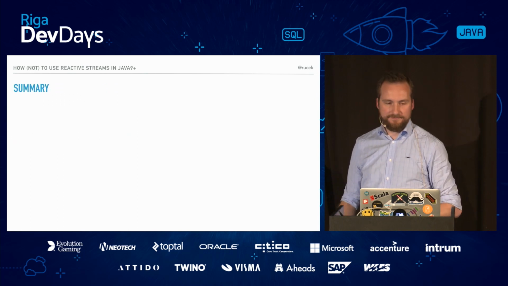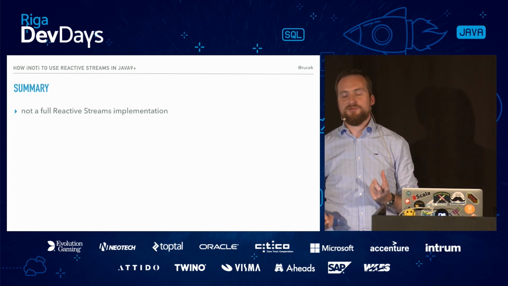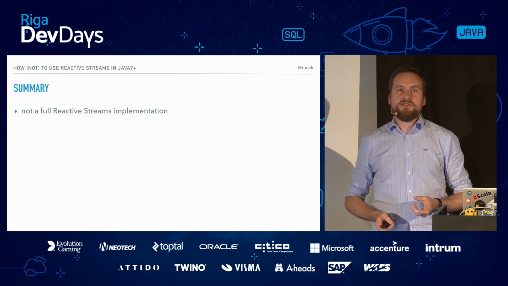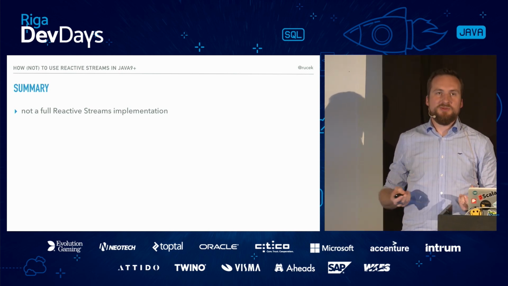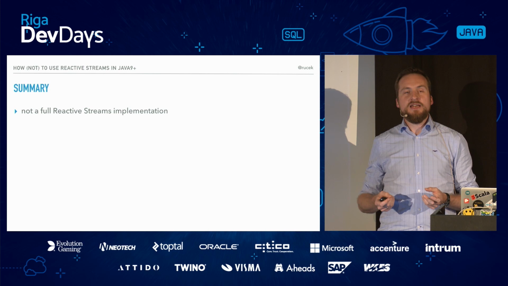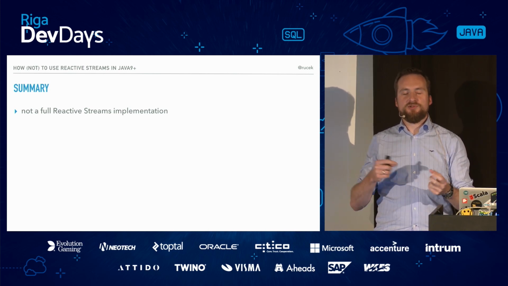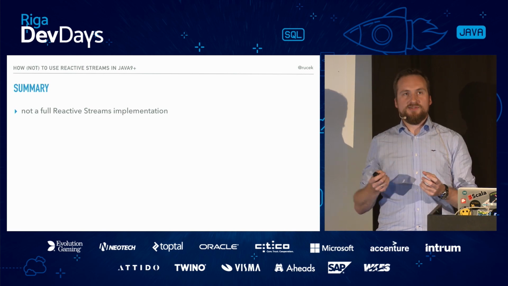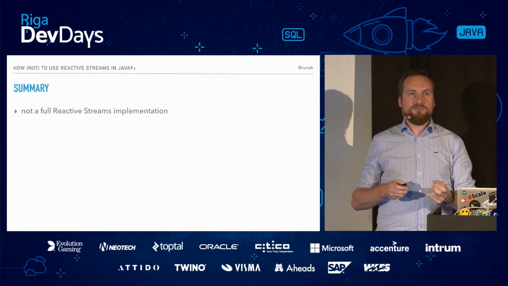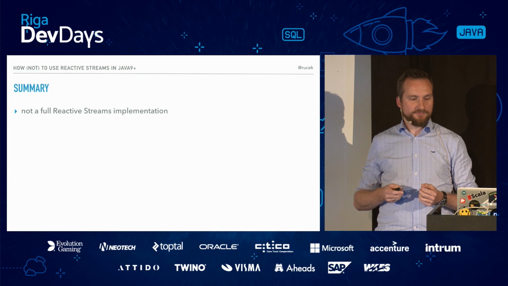So to summarize, first of all, as you must have noticed, there is really nothing like a full reactive streams implementation in the JDK. So you only have those 4 interfaces: the publisher, the subscriber, a subscription to link those two, and the processor, which basically is both a subscriber and a publisher.